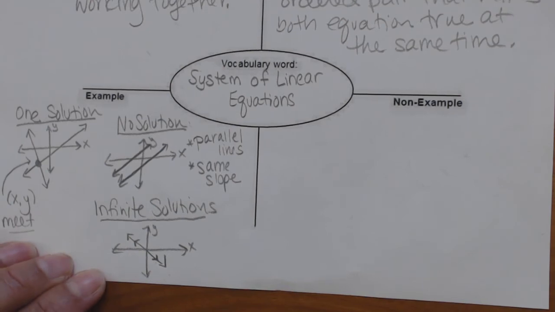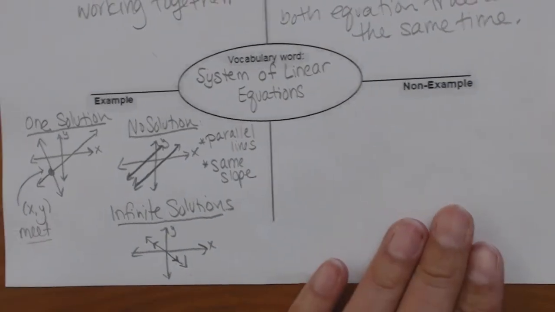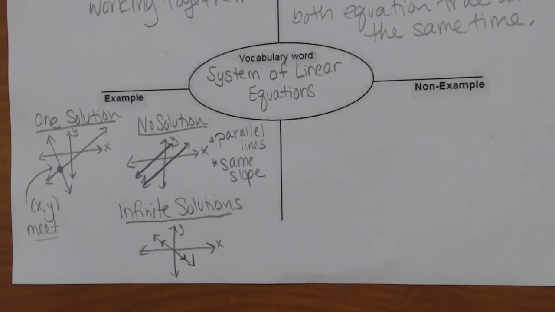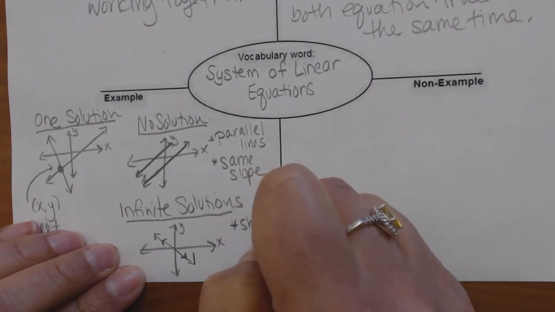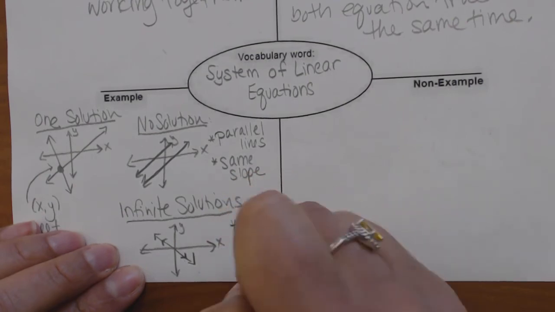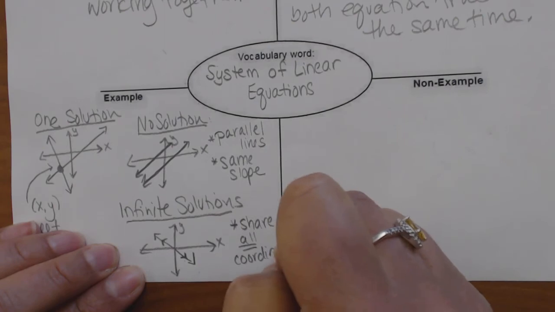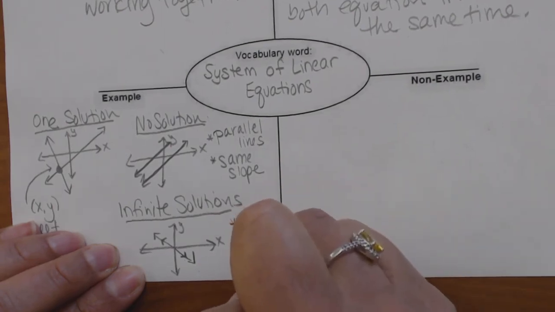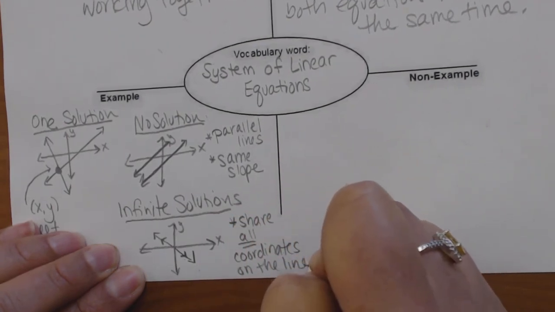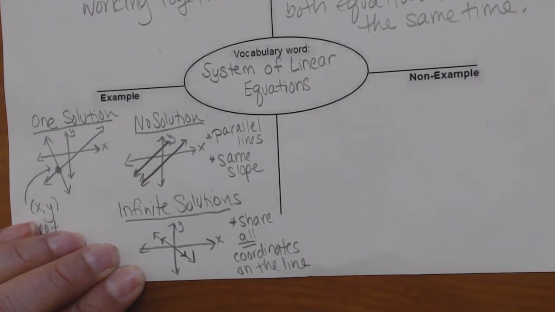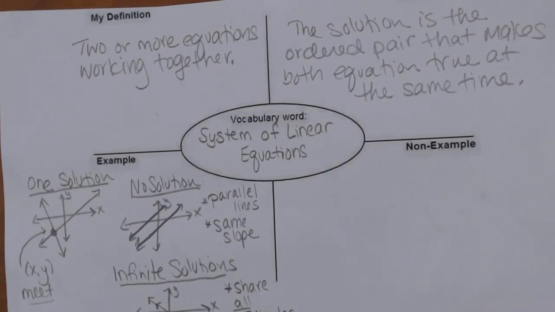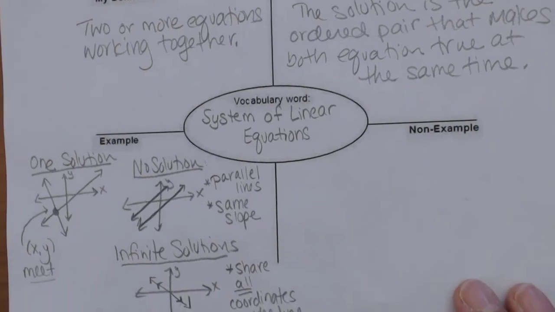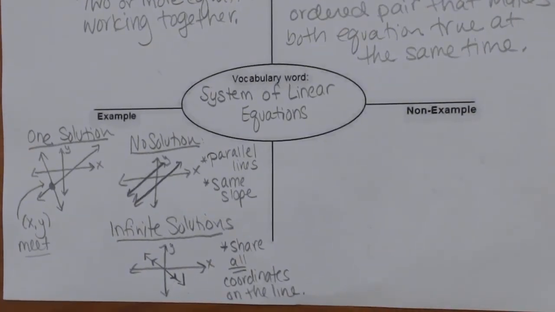Basically, it's the same line, so they share all possible xy coordinates. Share all coordinates on the line. So here we have our definition, characteristics, which is the solution, and then the three types of solutions.